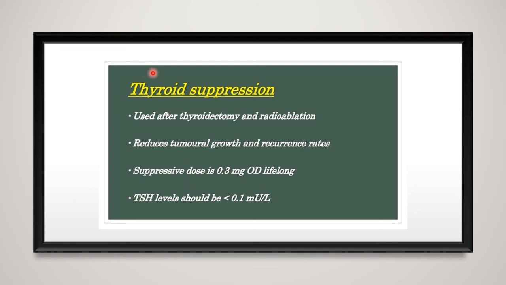In summary, thyroid suppression is used after thyroidectomy and radioablation of the thyroid gland. It reduces the tumoral growth and recurrence rates after surgery or after radioablation. Suppressive dose of thyroxine is 0.3 milligrams daily for life, and the TSH levels should be less than 0.1 micro units per liter.